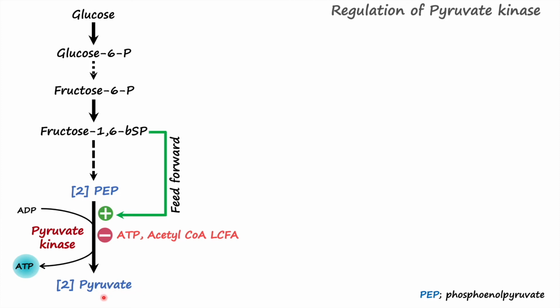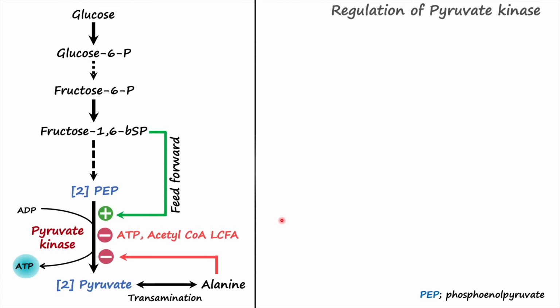Now, pyruvate can also be converted into alanine through the transamination process. So when too much alanine is being produced, the accumulation of alanine can also allosterically inhibit the pyruvate kinase enzyme. There are four isozymes of the pyruvate kinase enzyme.